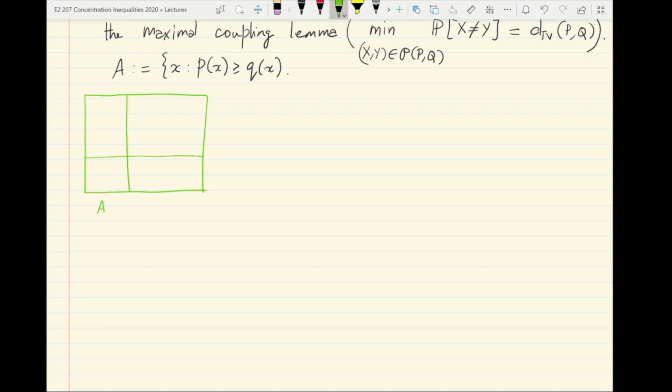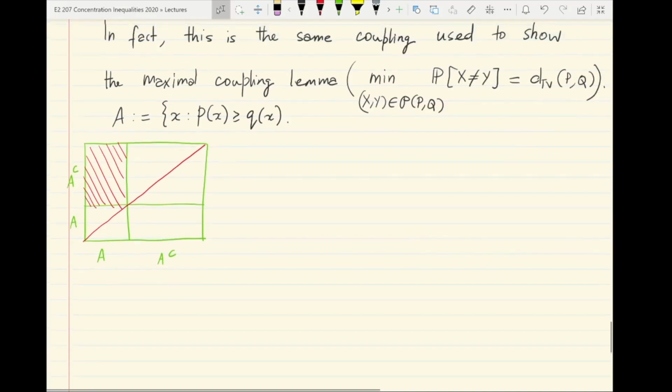This is A on the x part, A complement on the x part, and A and A complement on the y part. And this was the diagonal where we put as much probability mass as possible. And the remaining probability mass was all put on the northwest quadrant here.